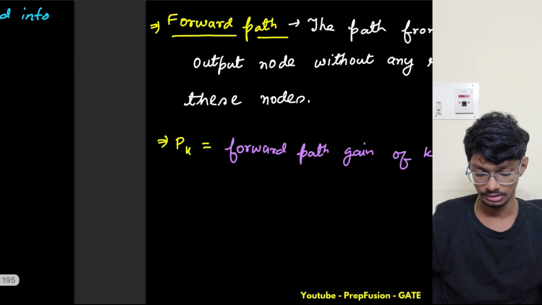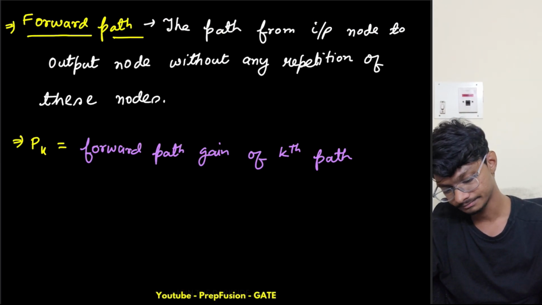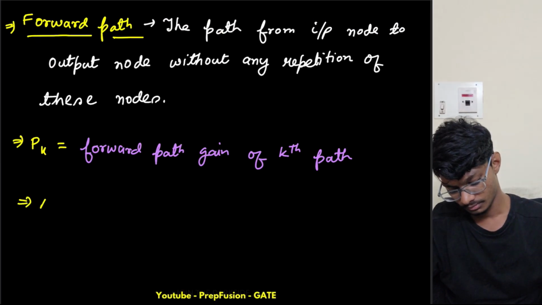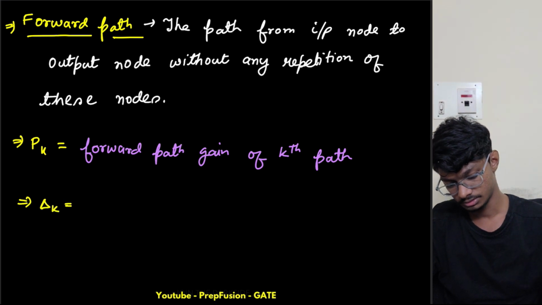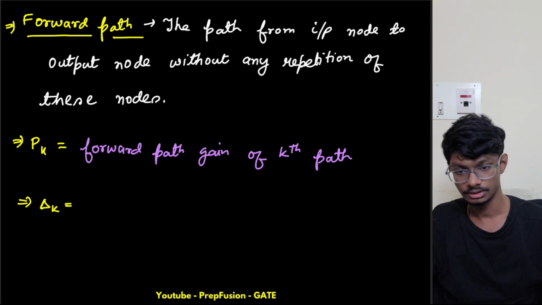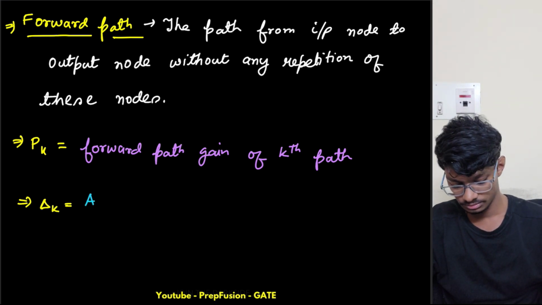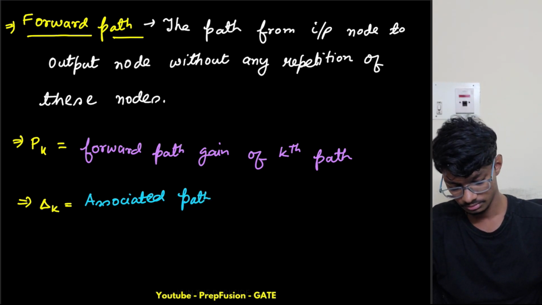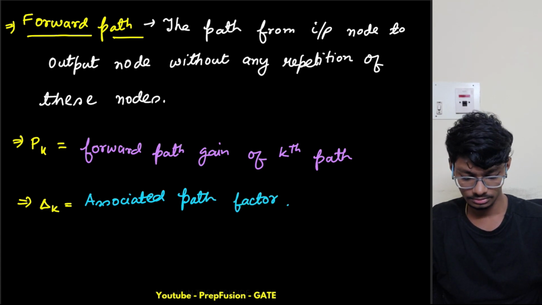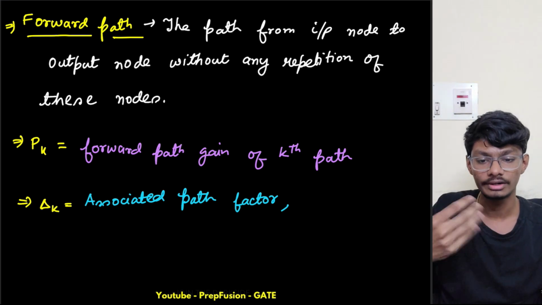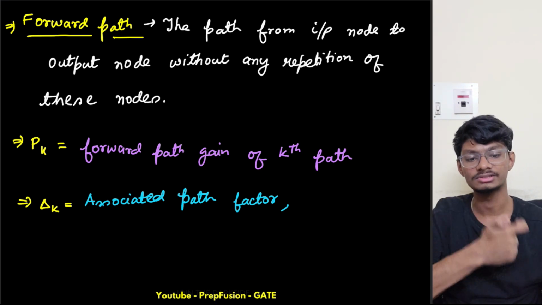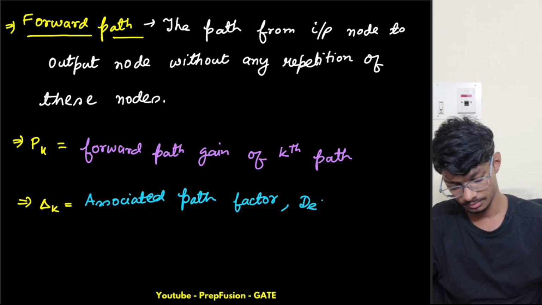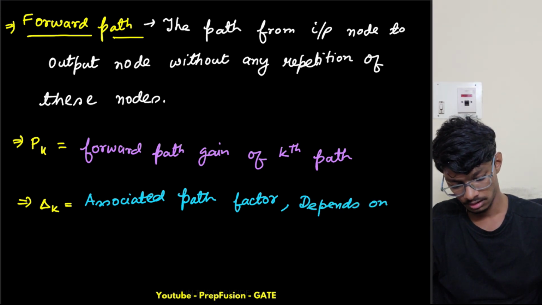Let's see, but first let me write PK, delta K. Delta K is known as the associated path factor, and it depends on the forward path and isolated loop gain.